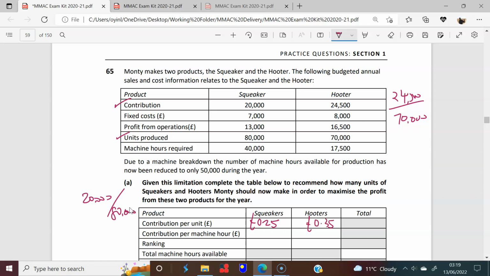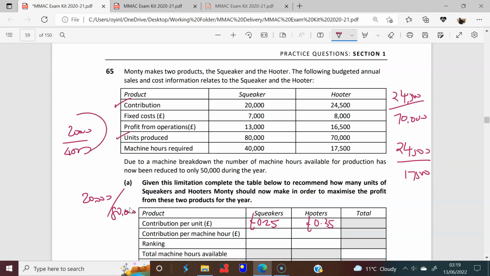Now let's look at the contribution per machine hour. That's the number of hours required to get you this contribution, so 40,000 hours. Therefore, the contribution per machine hour is 20,000 over 40,000 for squeakers, and for Hooters it's 24,500 divided by 17,500.